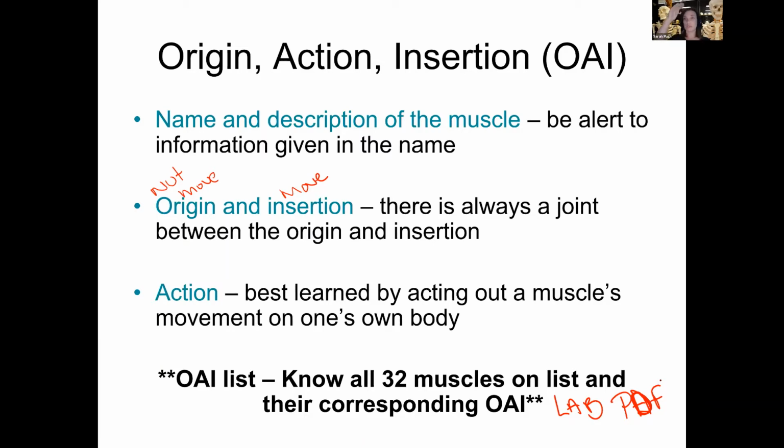I give you the name, I give you the origin, I give you the insertion of those muscles, and then I give you the action of the muscle. You need to know those. There will be some questions on origin, action, insertion on your lab quiz. And on the lab final, there will be questions on origin, action, and insertion. So there's just a table that's in your lab that you need to know.